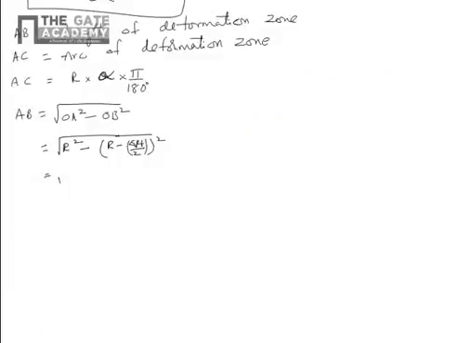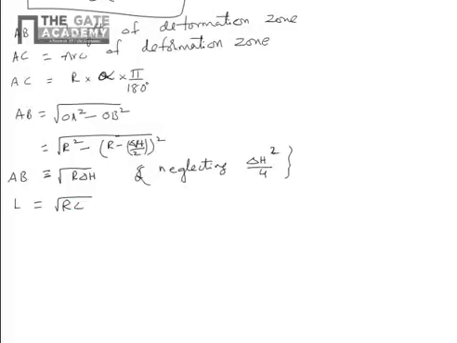If you simplify it, you will get R delta H in brackets, neglecting delta H square by 4. So AB equal to square root of R delta H. AB is nothing but the length of the deformation zone, that is L equal to square root of R delta H. So most important formula.